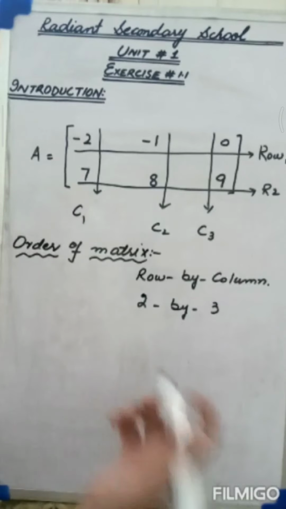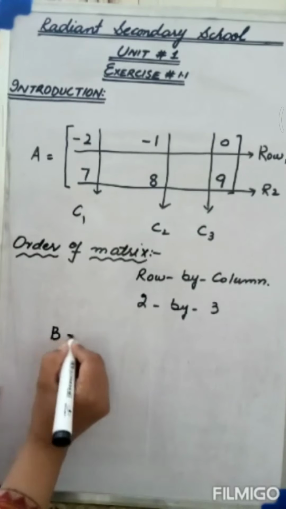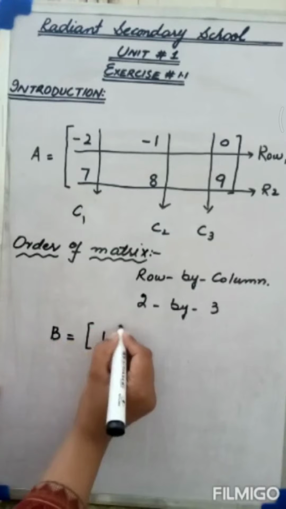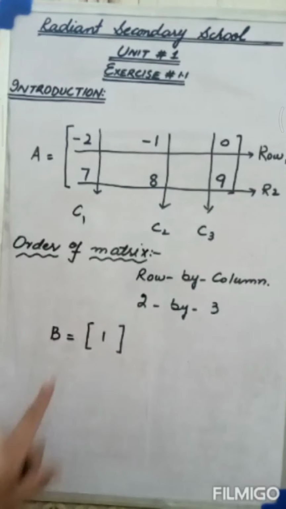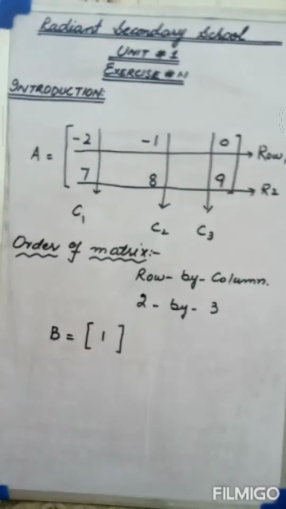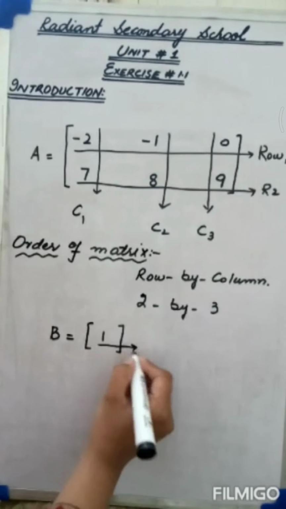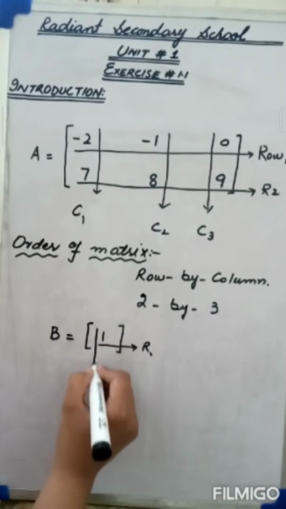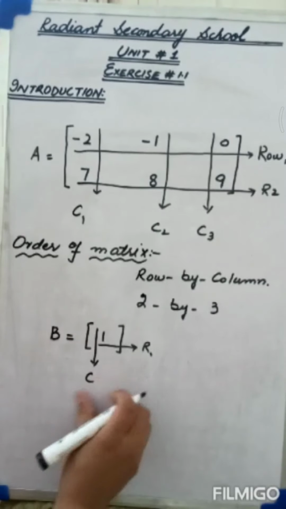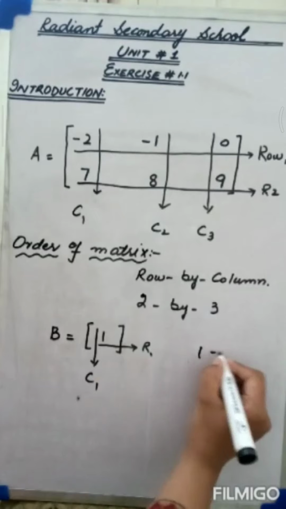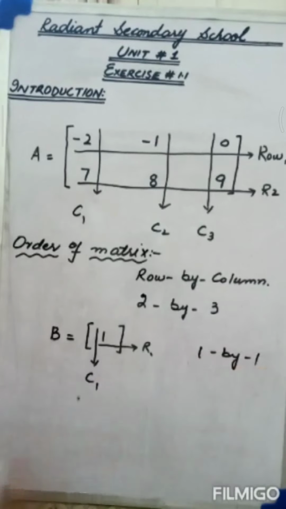If I give one more example, like B equals 1, having a single entry 1. What will be the order of this matrix? Yes, only one row is there and only one column. So the order of B will be 1 by 1.